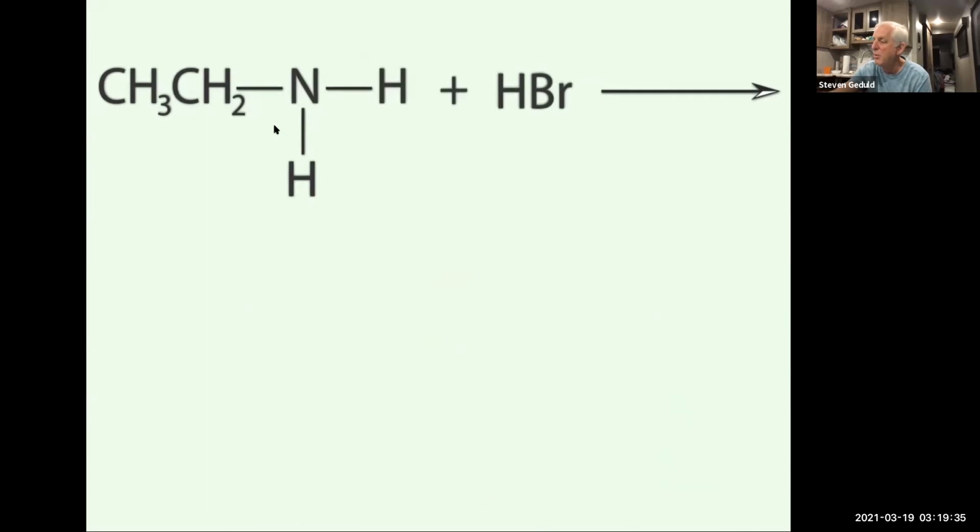Again, HBr, hydrobromic acid, the hydrogen bonds to there, and now you get an ammonium salt. So we can do this to make them salts. Like I said, we can deliver these medications to parts of the body. We make everything water soluble this way.